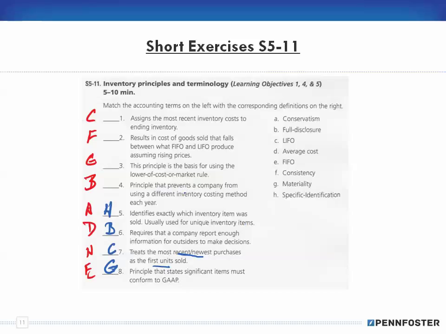Okay, so principles that prevent a company from using a different inventory costing method each year. Okay, so that would be F, consistency. This principle is the basis for using the lower of cost or market rule.